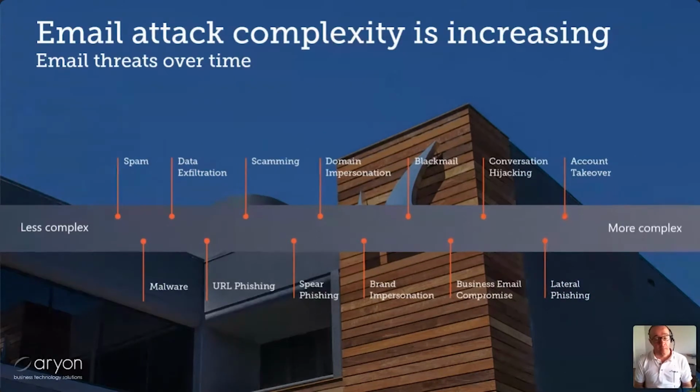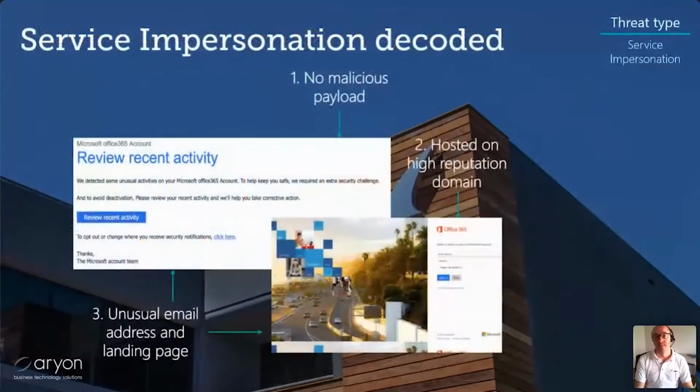Once they're in that mailbox, perhaps they've taken over a mailbox of someone in finance, they'll then phish inside that same organization to someone in HR. And because it's coming from an internal valid mailbox, the person receiving that phish has very little indication or reason to believe that it's not a valid email from that person. That's lateral phishing, going sideways inside an organization once you've managed to take control of an account. Got it. Thank you. No worries.